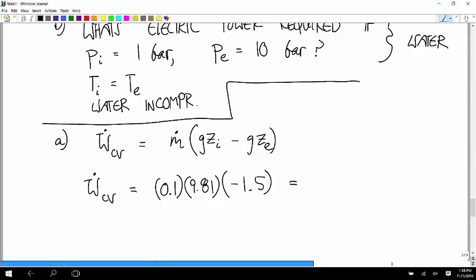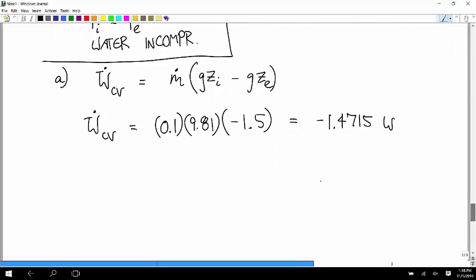You get 0.14715, right? So negative 1.47, and this is in watts. And so that's the power requirement. It's negative because that's power you have to put into the system.